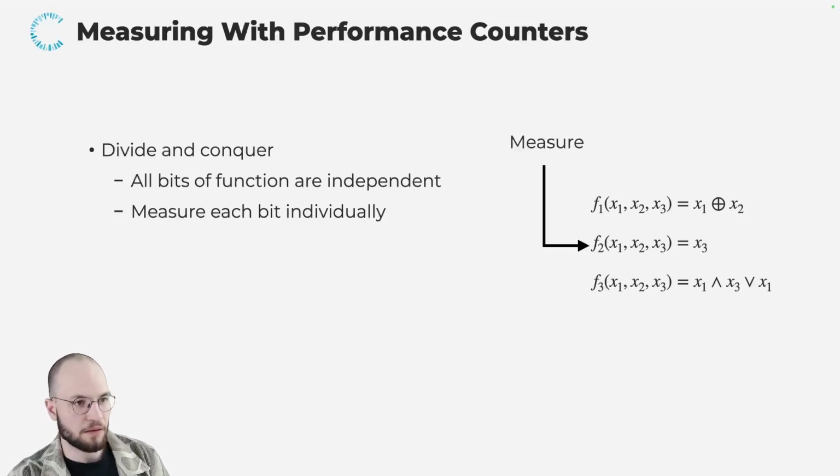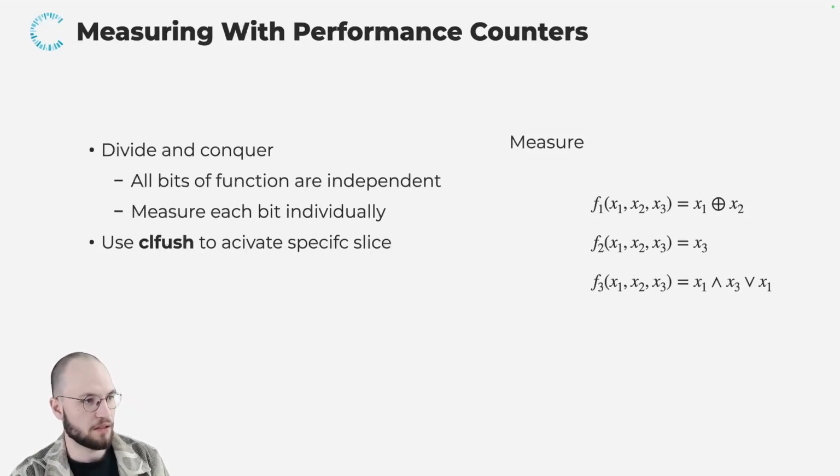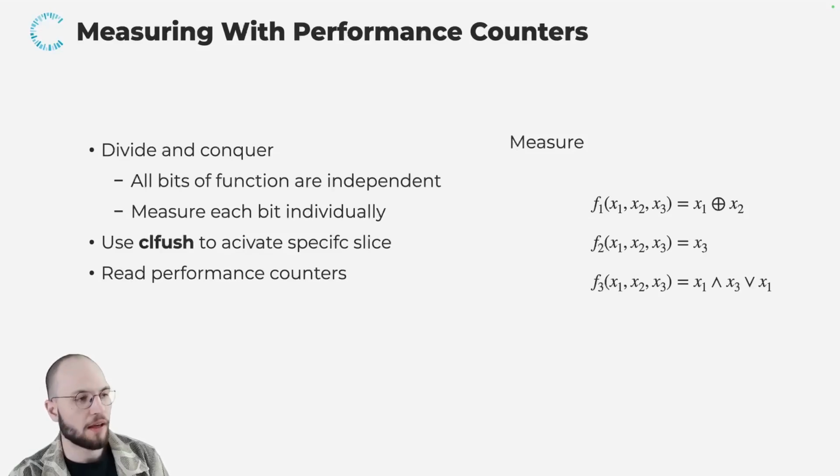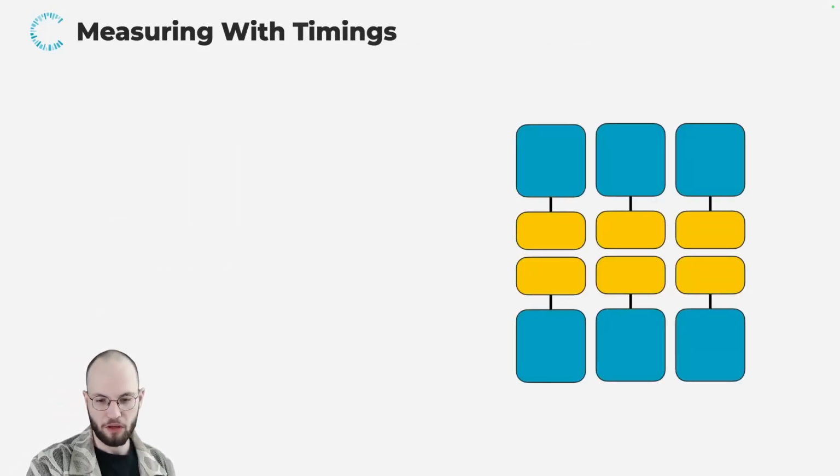By doing this, you reduce the measurement space. And how do you measure? Well, to activate the cache and push data through the cache, you use the CLFlush instruction to activate a specific slice, and then you read out the performance counters. Afterwards, you can look at which performance counter has the most activation, and that maps to the cache slice.